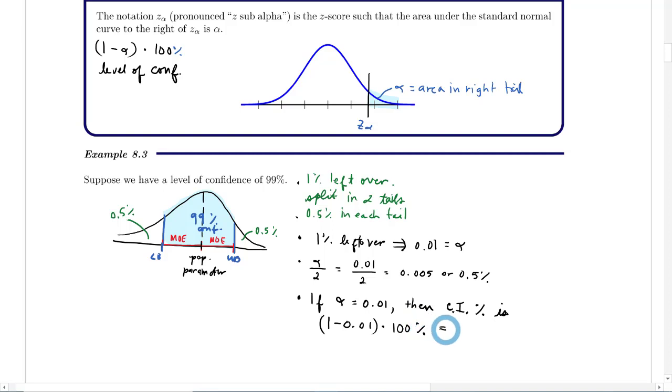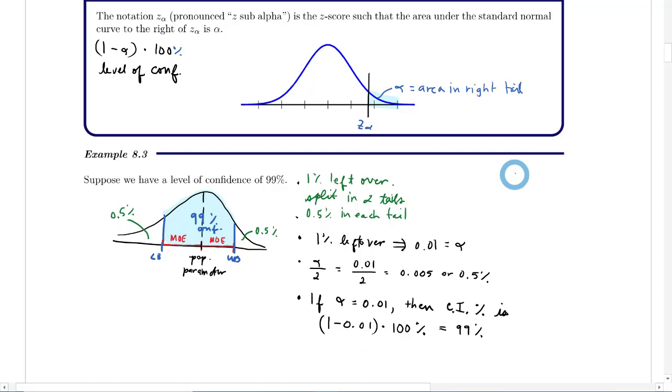And in fact 1 minus 0.01 is 0.99, times 100 gives us 99%. So if they give you the alpha, just so you know, the alpha is just the leftover percent, and then subtract it from 1 and multiply it by 100, it gives you the confidence interval. And usually they give you the confidence interval percentage. They rarely will give you the alpha, but sometimes they just talk about the level of confidence because it has to be how confident we are.